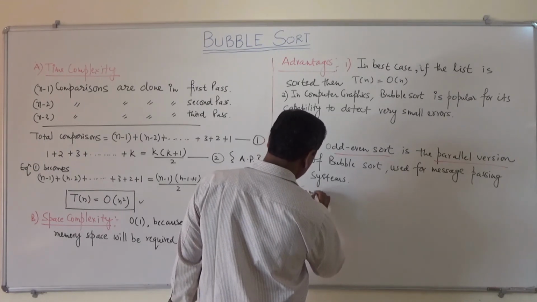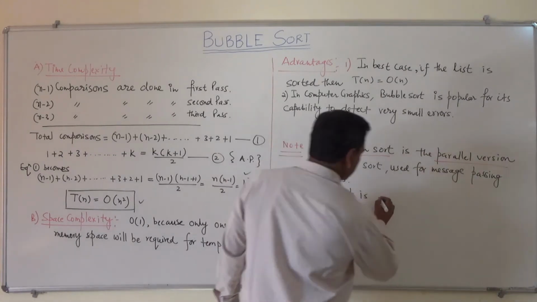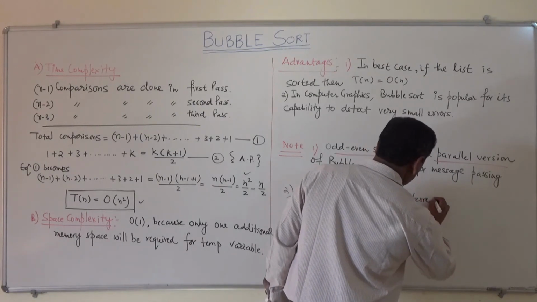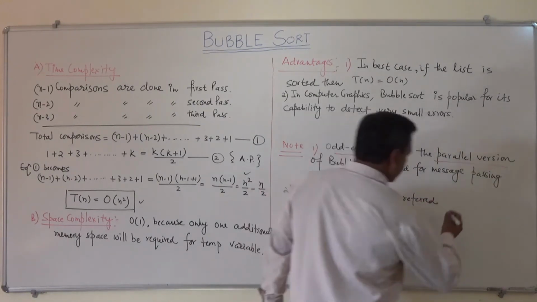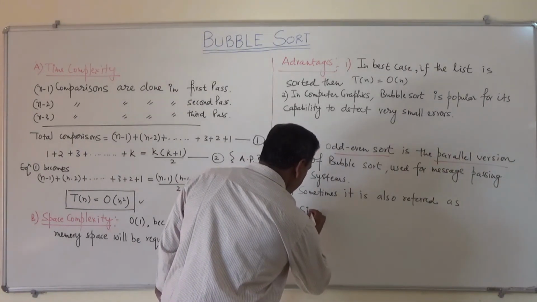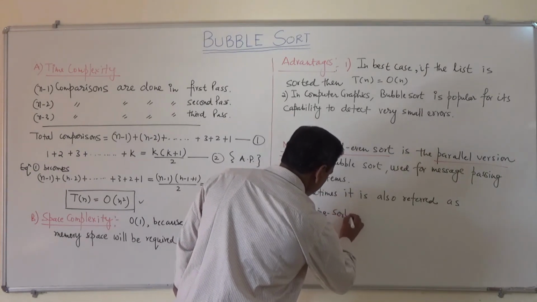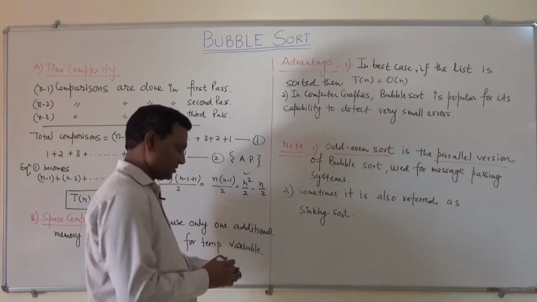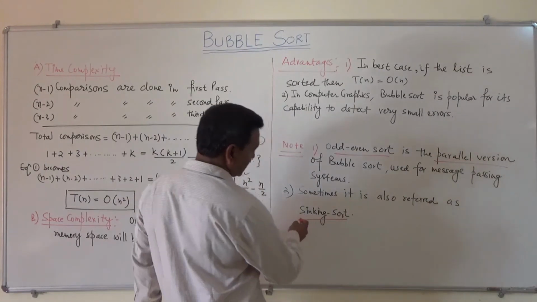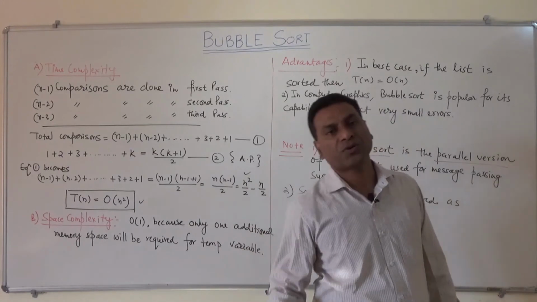So it is occasionally known as sinking sort. So these are the other things which we must know about bubble sort.